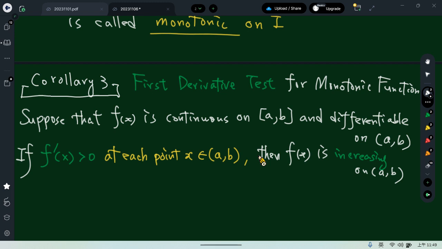That means at that moment it is increasing, and at each point it always increases. So we can intuitively conclude that f of x is increasing on (a, b), right?